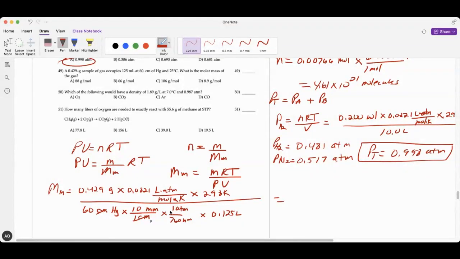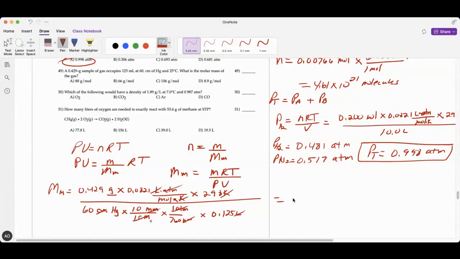Okay, that's better. That's why it's really good to always use your units. Kelvin cancels, liters cancel, and we're left with grams per mole.